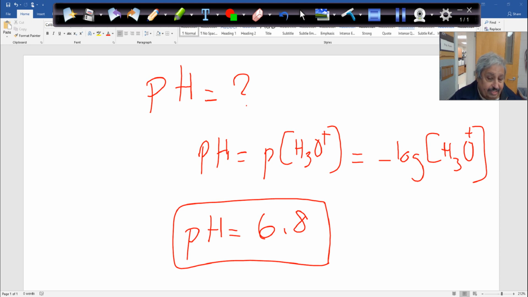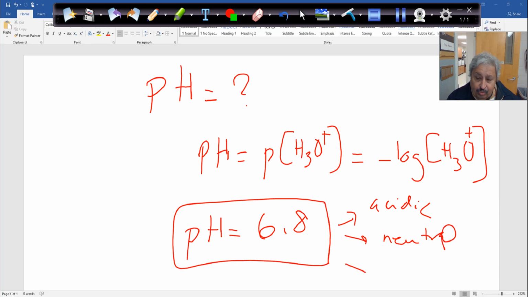The pH 6.8, and you have to determine whether it's acidic, whether it's neutral, whether it's basic. Which one? Acidic? Any other? 6.8, acidic or basic or what?